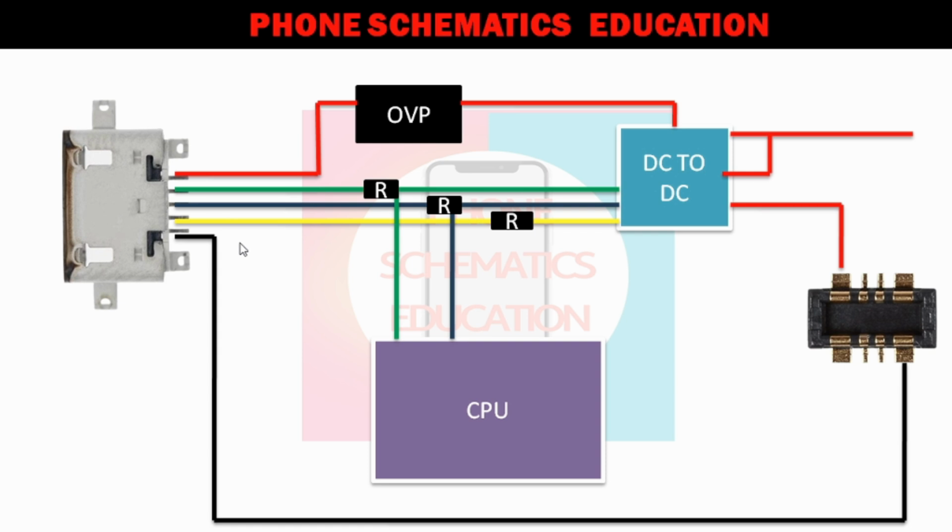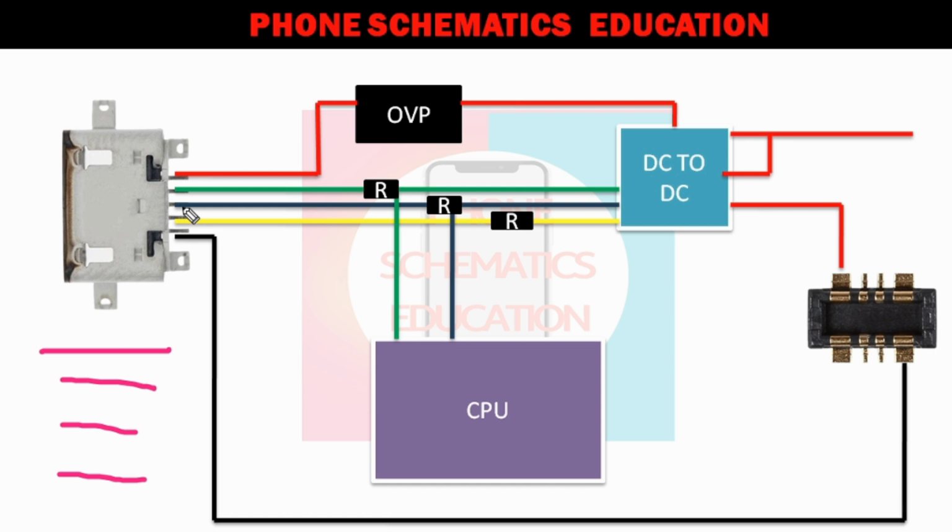Now how does this line work? I already told you about OTG connection. Now when you connect the OTG, suppose your flash drive or OTG has 4 points: positive and negative for the voltage requirements, and data minus and data plus.